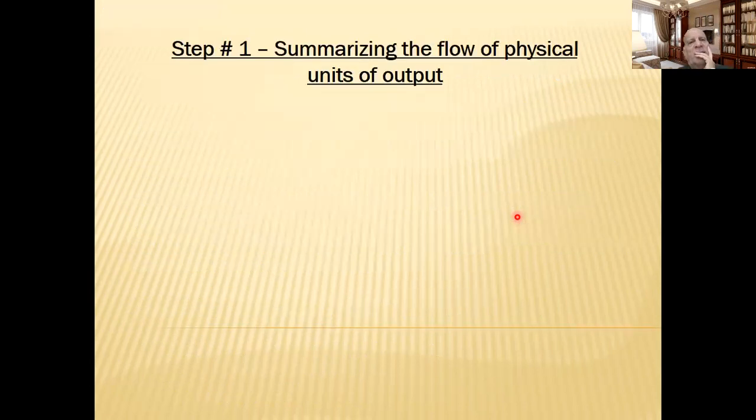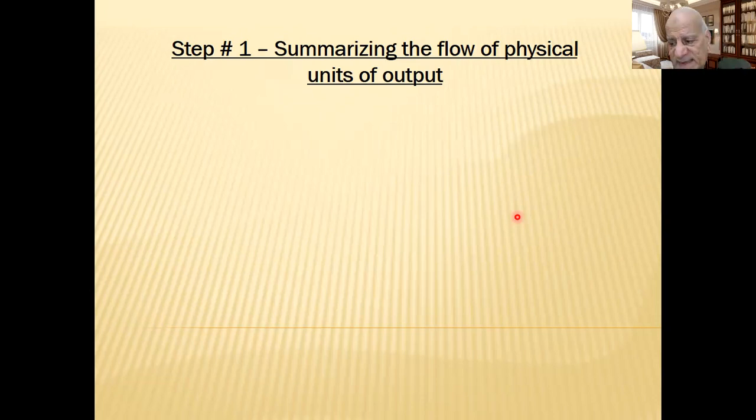So if we apply the 5 steps mentioned before, as for step number 1, which is summarizing the flow of physical units of output.